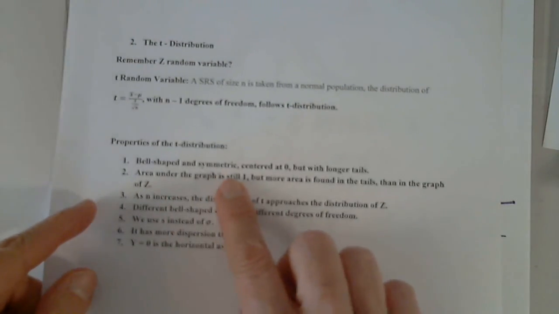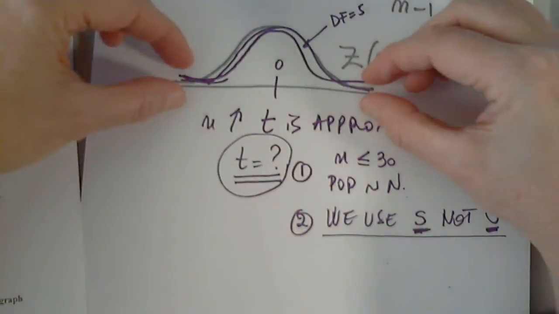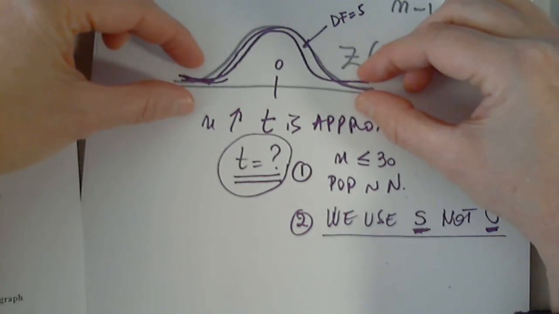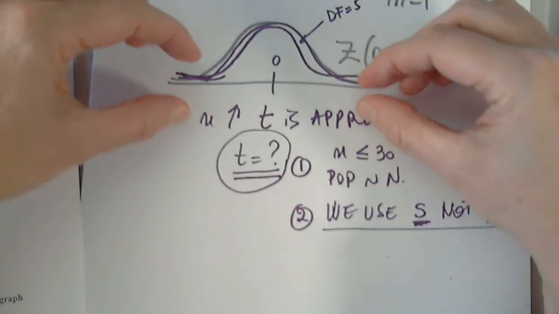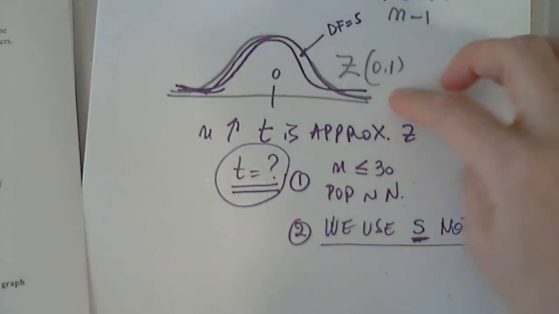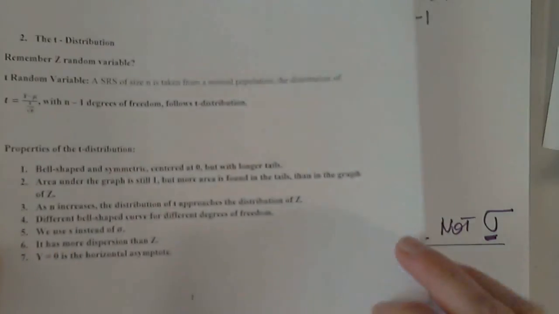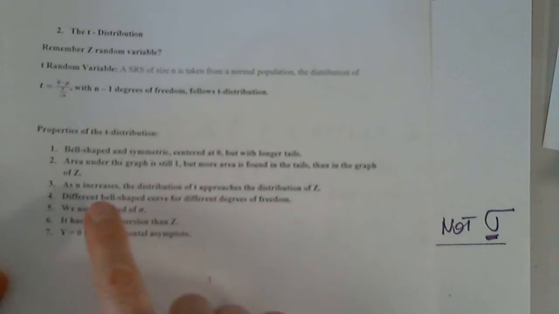It has longer tails, more area in the tails than the standard normal. They are thicker tails, but the total area is still 1.